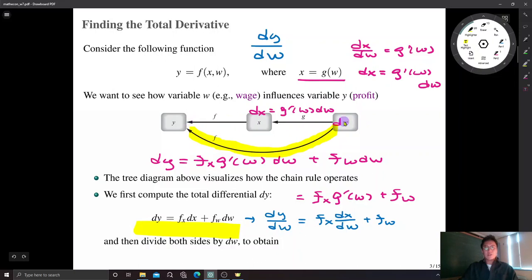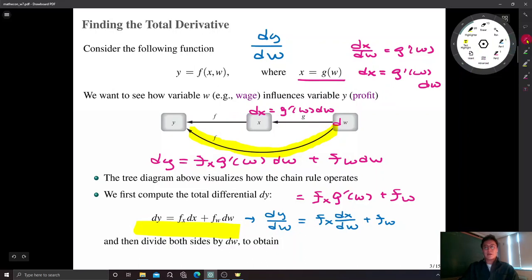That is a composition, right? So x is a function of w, and y is a function of x. Okay, so y is going to be a function of w. y can be regarded as a composite function of x and w. So now we have a channel.